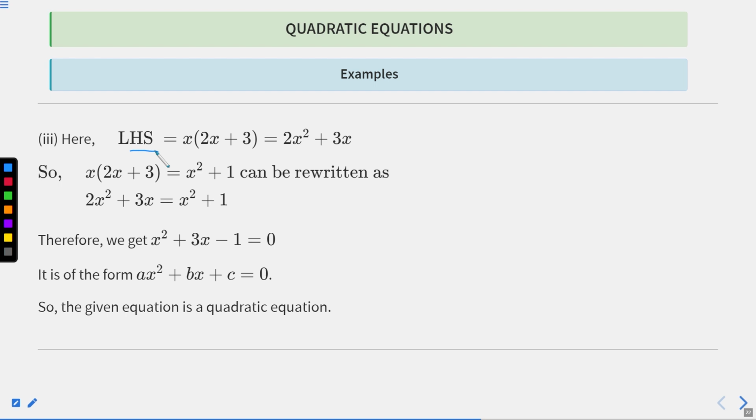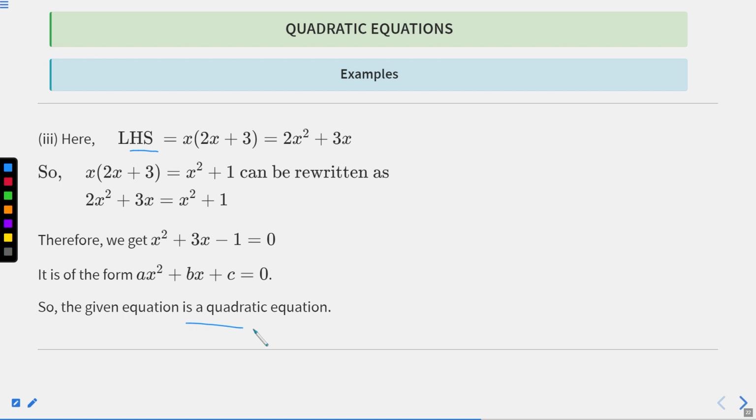So it can be rewritten as 2x square plus 3x is equal to x square plus 1, and therefore we get the equation x square plus 3x minus 1 is equal to 0, and it is of the form ax square plus bx plus c is equal to 0. So the given equation is a quadratic equation.